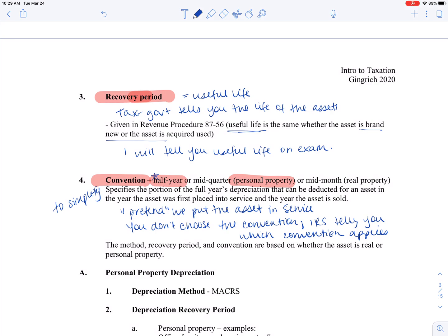So that's something that you will be expected to know, is what is the appropriate convention that you should be using. That's not something that I will tell you on the exam. So the method, the recovery period, and the convention are all based on whether the asset is real property or personal property.